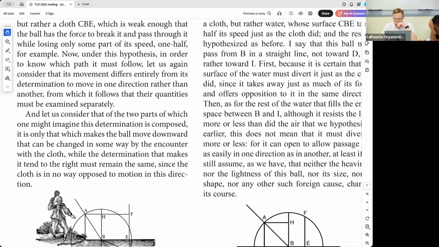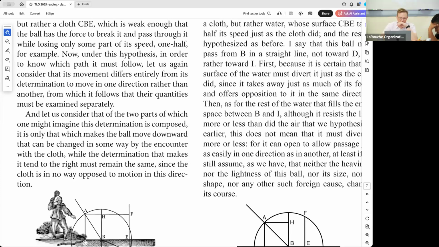Now, under this hypothesis, in order to know which path it must follow, let us again consider that its moment differs entirely from its determination to move in one direction rather than another, from which it follows that their quantities must be examined separately.